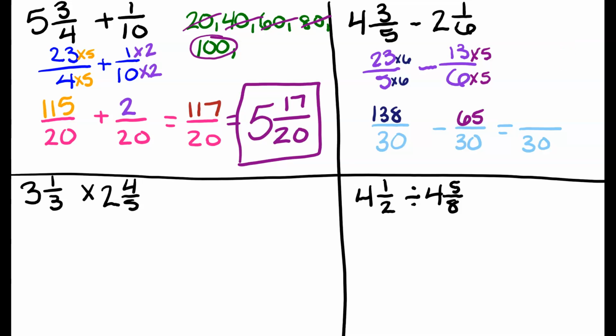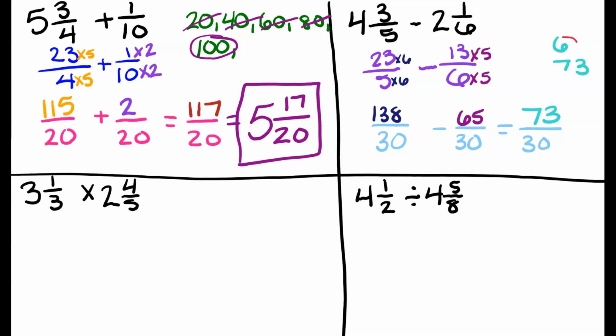And erase, I have space. Then I can do 138 minus 65. 8 minus 5 is 3. And 13 minus 6 is 7.